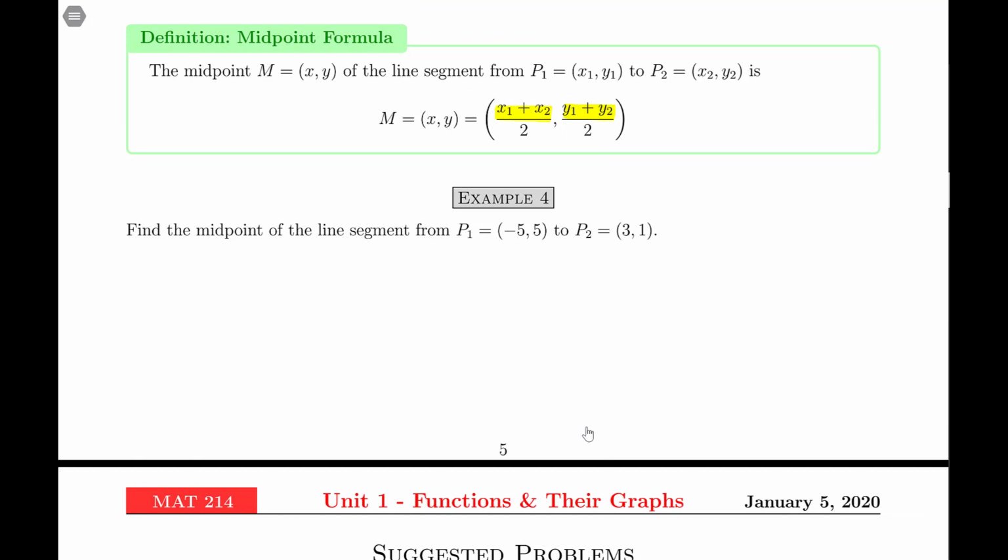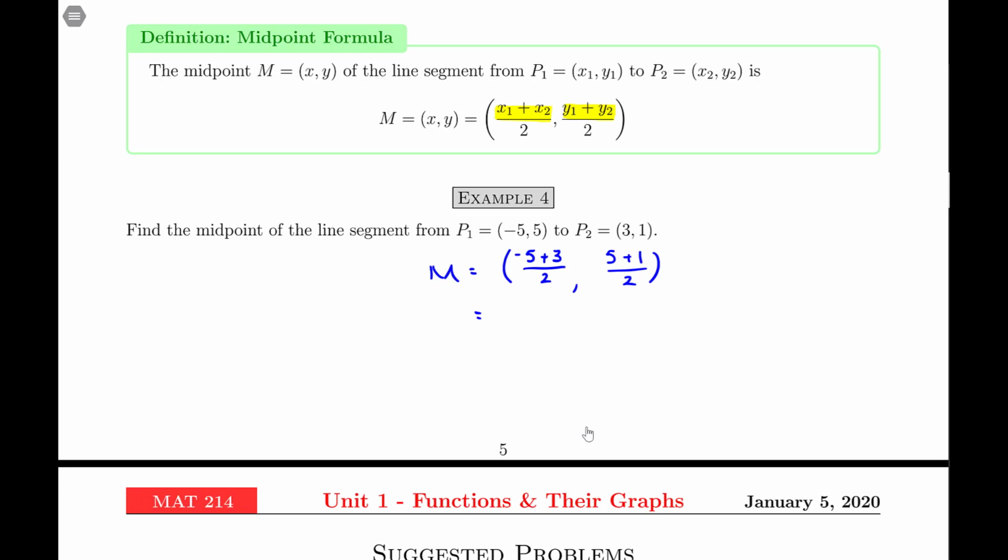So we're finding the midpoint of the line segment from P1 to P2. And so the midpoint is going to be equal to the sum of the x values. So we have -5 plus 3 divided by 2. And then the sum of the y values, 5 plus 1 divided by 2. And I put it in the ordered pair notation already.